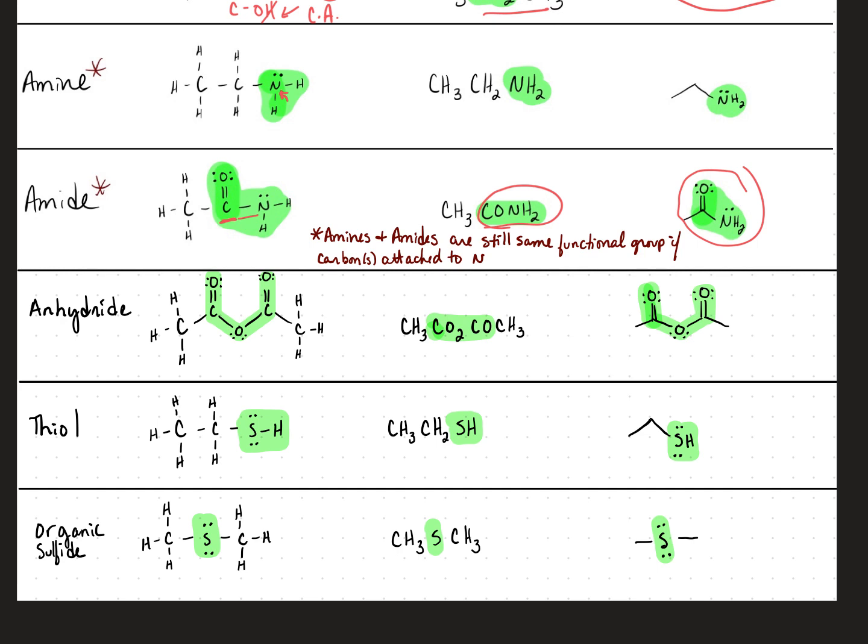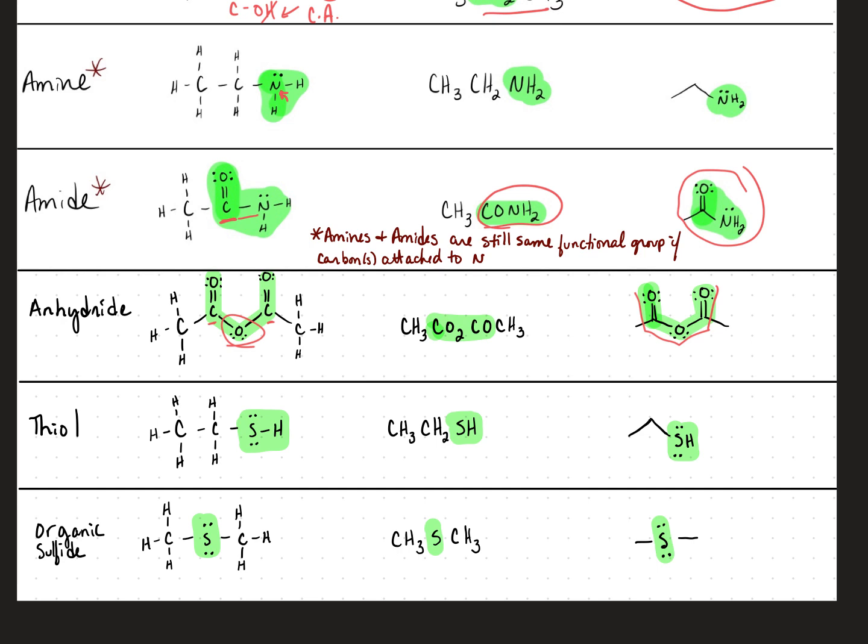But basically this anhydride is a C-O-O bond connected to another C-O-O bond through an oxygen. So it's CO2CO, and then whatever you have on each of those chains coming off of there. So it kind of looks like a little goalpost to me for some reason.